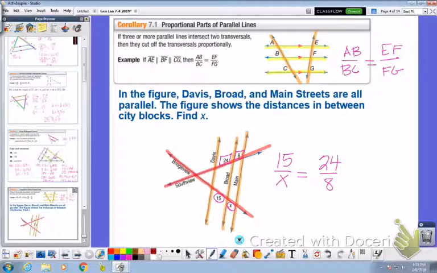Cross multiply and solve. So 24x is equal to 8 times 15. So 24x is equal to 120. So divide by 24. So x is equal to 5. So the distance between Broad Street and Main Street is 5. Moving on.